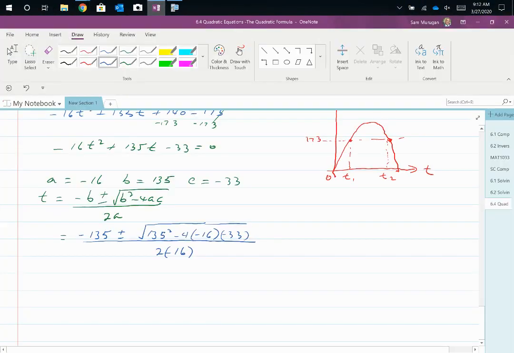So I'm going to ask my calculator for help simplifying the part underneath the square root sign. Okay, so I go to my calculator.